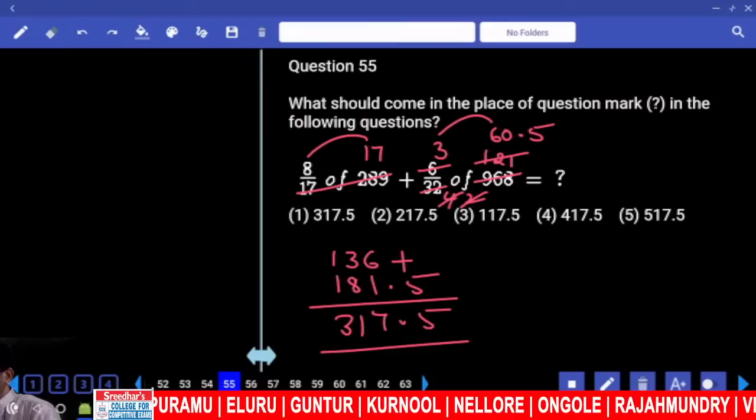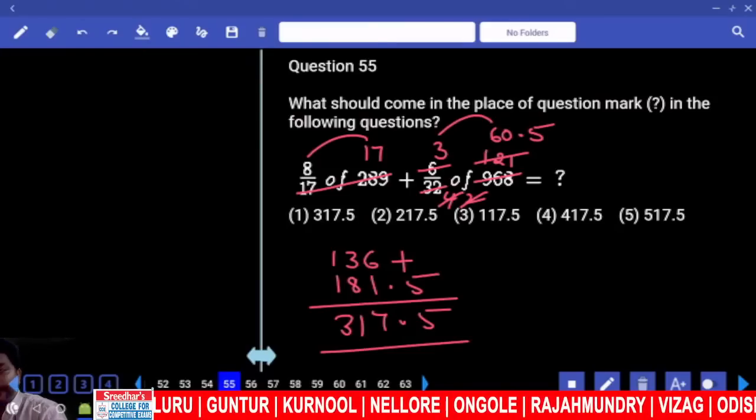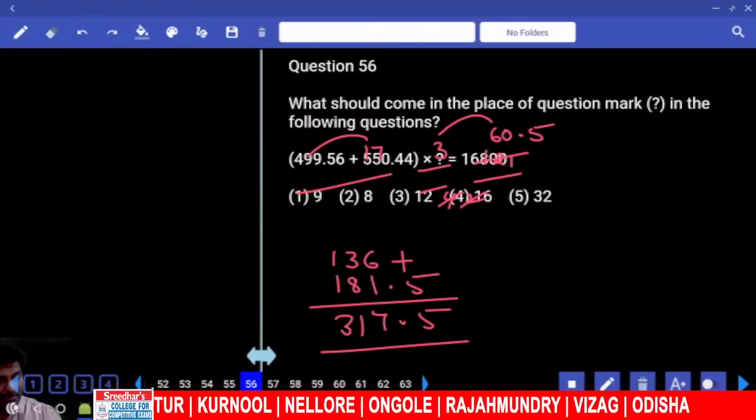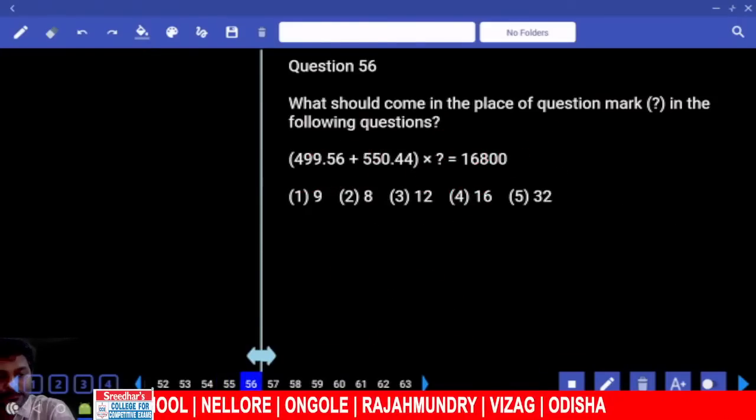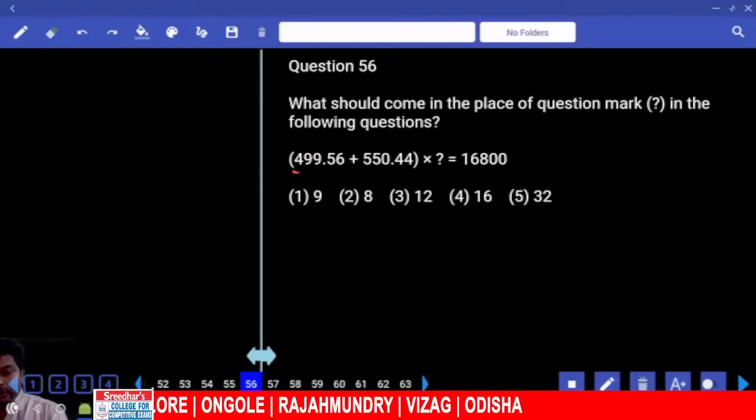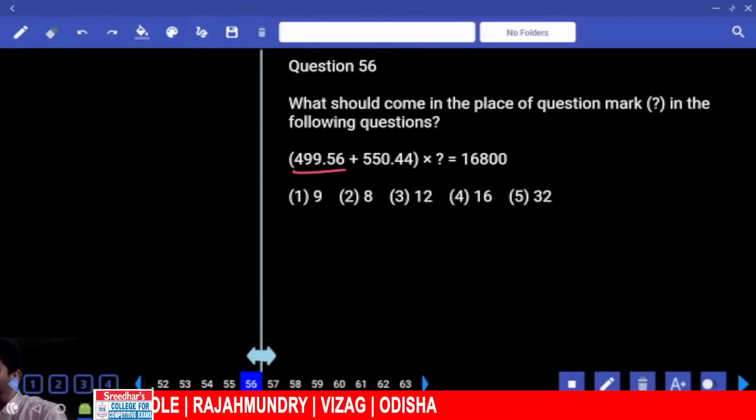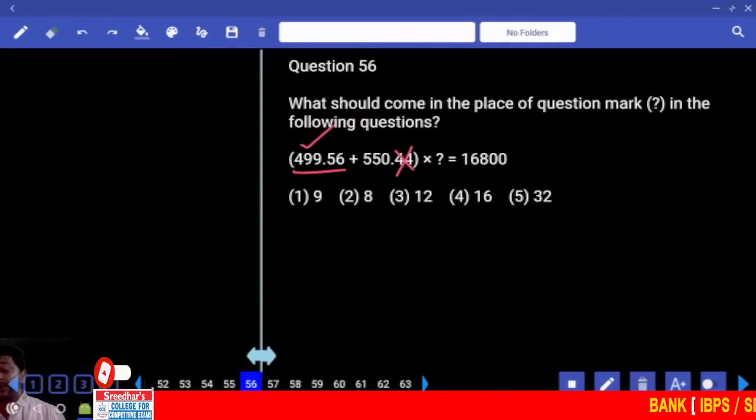Every option is ending with 7.5 only. To make this number a round figure, we need 0.44. Taking this from here, the first number becomes 500, the second becomes 550, total 1050.